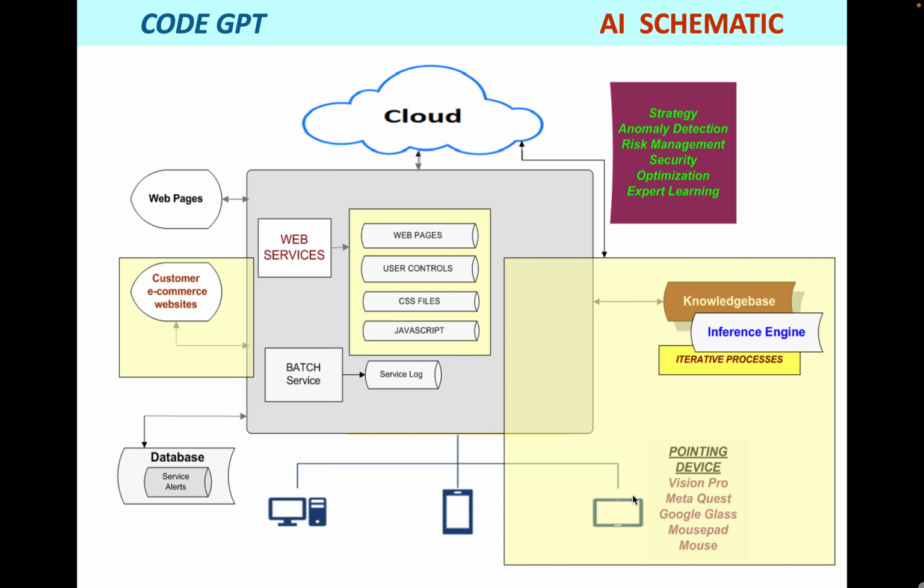This is very significant when fighting ransomware, social engineering, scams, frauds, and other threats. We also show here that strategy, anomaly detection, risk management, security optimization, and expert learning are very critical in the functions accomplished between the cloud and desktop devices.